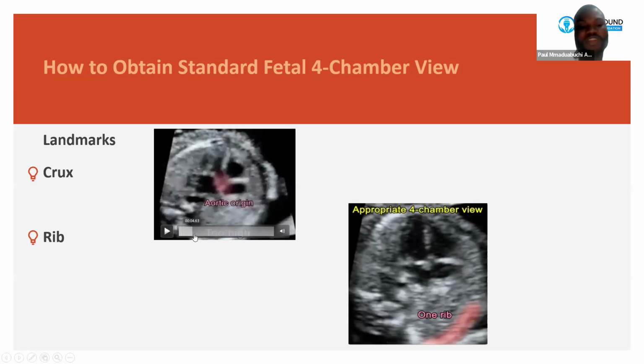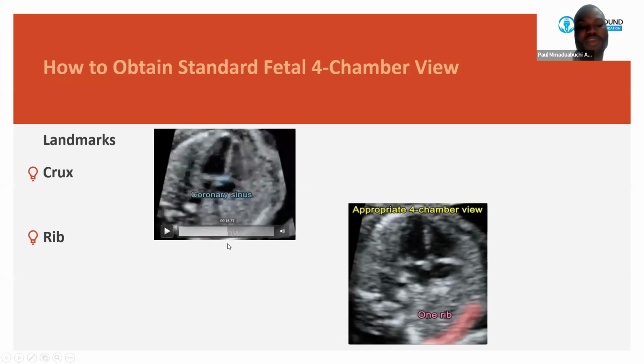And when you move it too low, sorry, you'll be seeing your coronary sinuses, and this is not the right plane to evaluate the fourth chamber. You could see that the left ventricle appears to be bigger than the right ventricle in this image at the coronary sinuses, so this is not the right place to image.